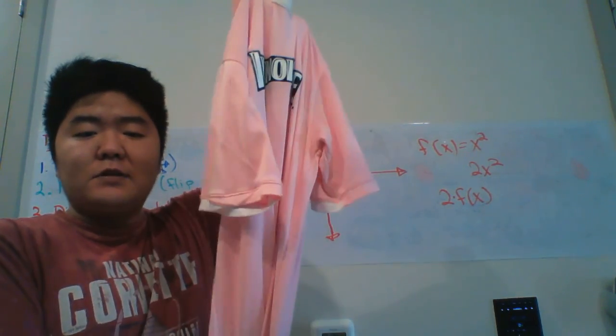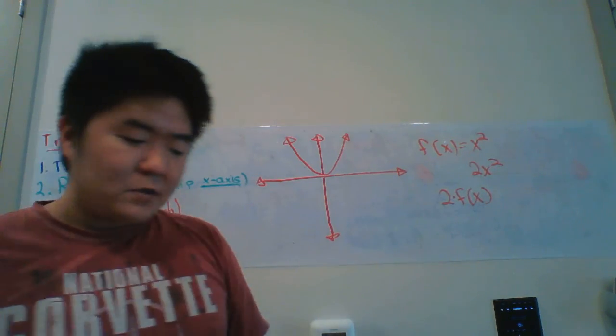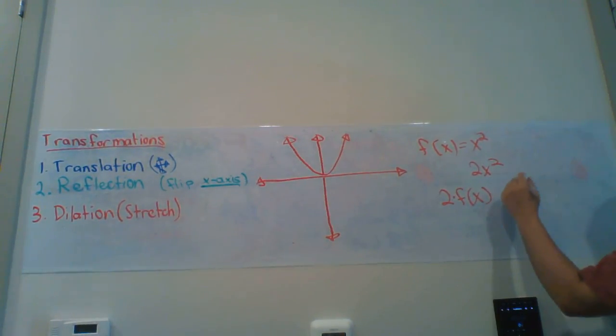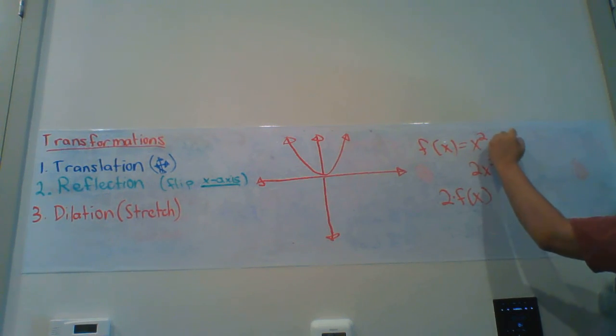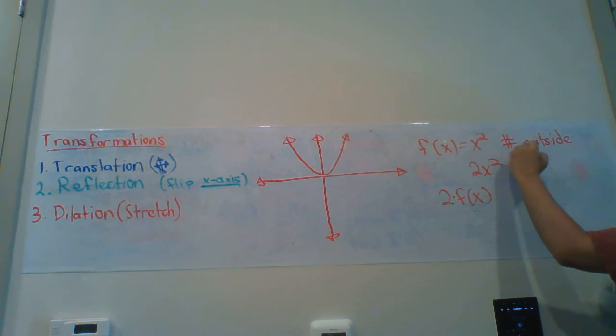The numbers on the outside always talk about vertical. So the number on the outside is vertical.